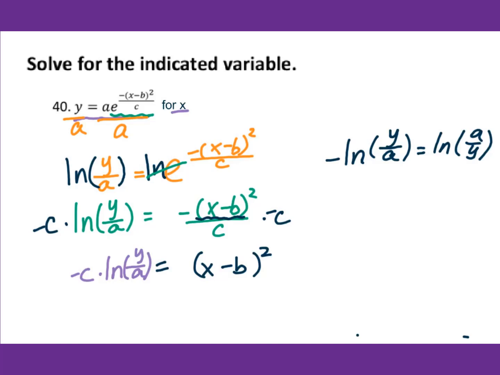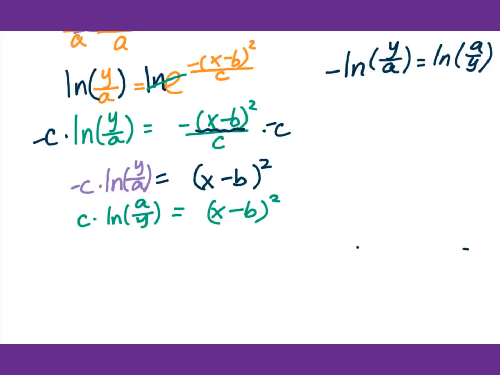So we got x minus b squared equals c times natural log of a over y. Then we take the square root of both sides. Don't forget plus or minus.